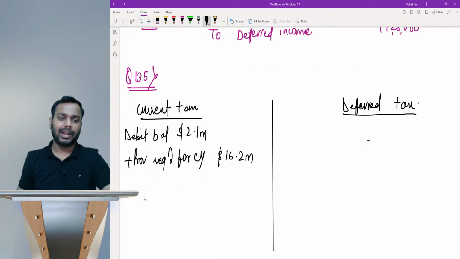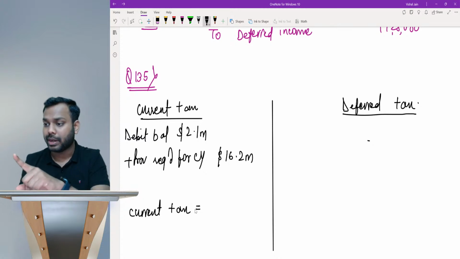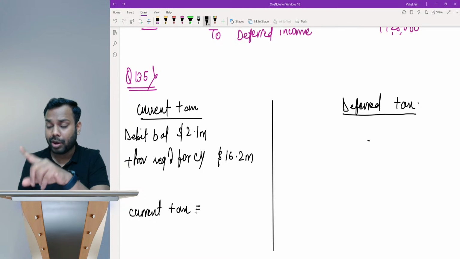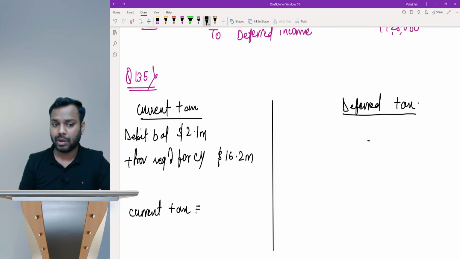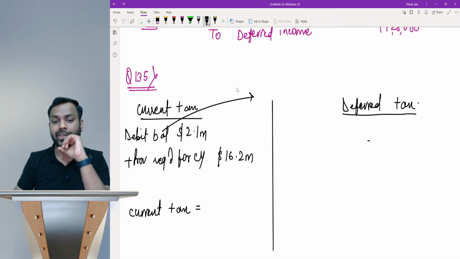Okay, now tell me what is the current tax. Debit balance means what? Under provision in the previous year or over provision in the previous year?